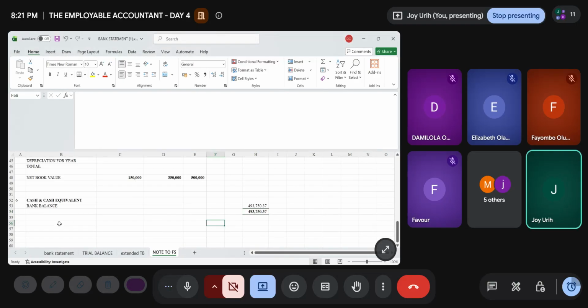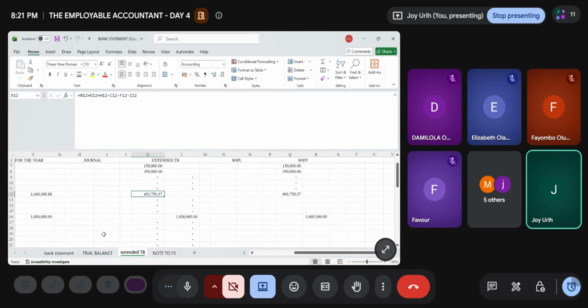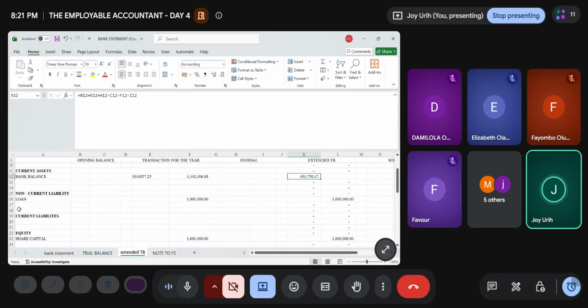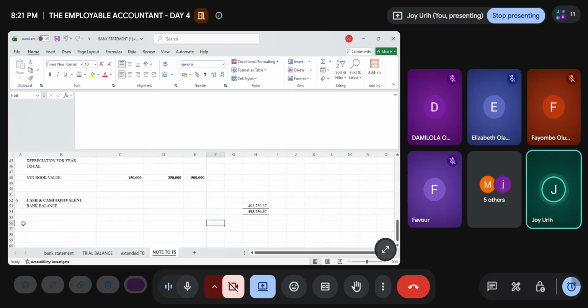The next item we have here is loan. That will be our note 7. We'll classify this as non-current liabilities, not current liabilities, sorry, and under it we have loan.